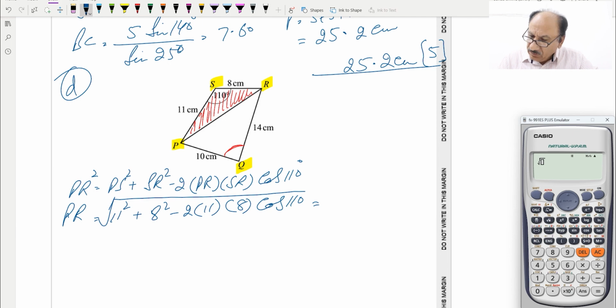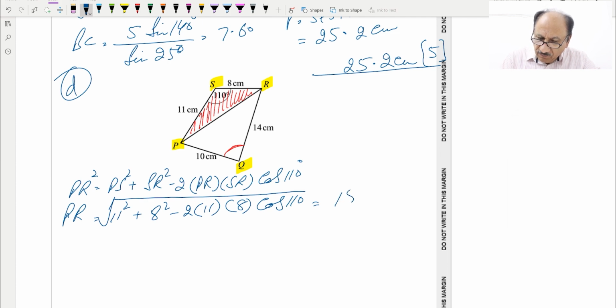Square root of 11 square plus 8 square minus 2 into 11 into 8, and then cos of 110, and this is giving us 15.6587, or we can write 15.66.